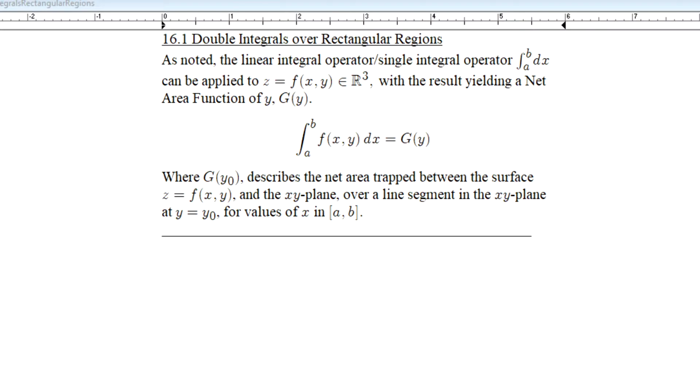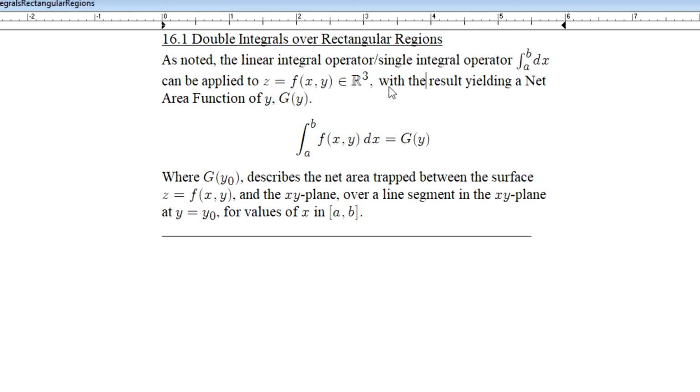It involves the application of this operator, the integral from a to b, dx, being applied to some function. What we considered applying it to was the multivariable function f, which was contained in three-dimensional space here, an element of the three-dimensional system.